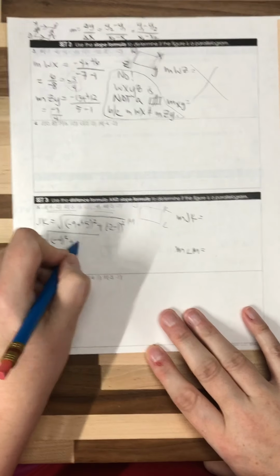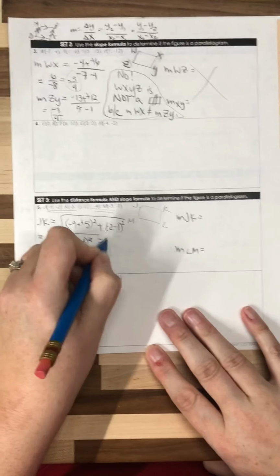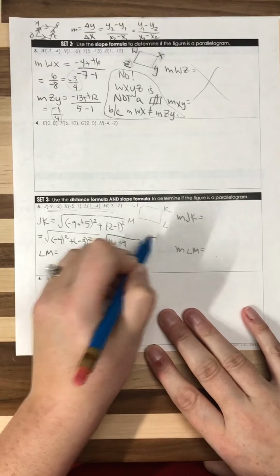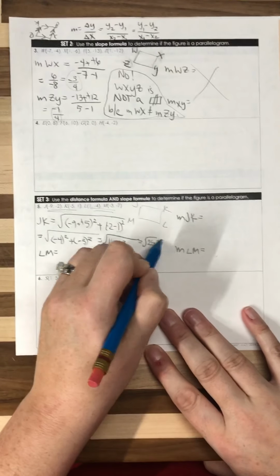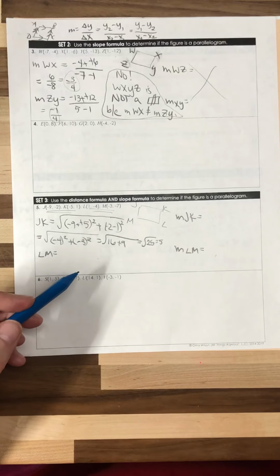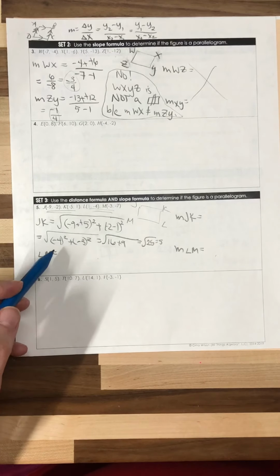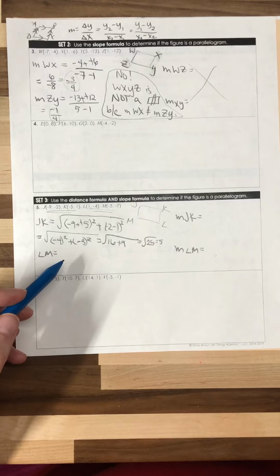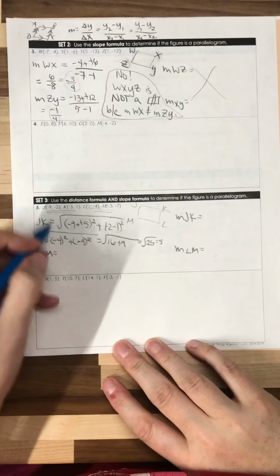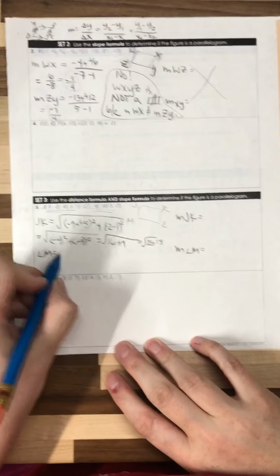And -2 minus 1, -3 squared. Well, that's the square root of 16 plus 9, which is the square root of 25, which is 5, because that's just easy to simplify. So if we don't get 5 here, it's not a parallelogram. All right. If it is, we have the joy of doing the slopes. It's been a long day, I'm so sorry.